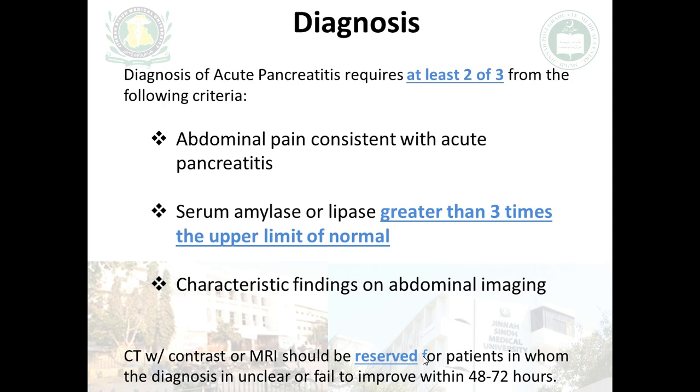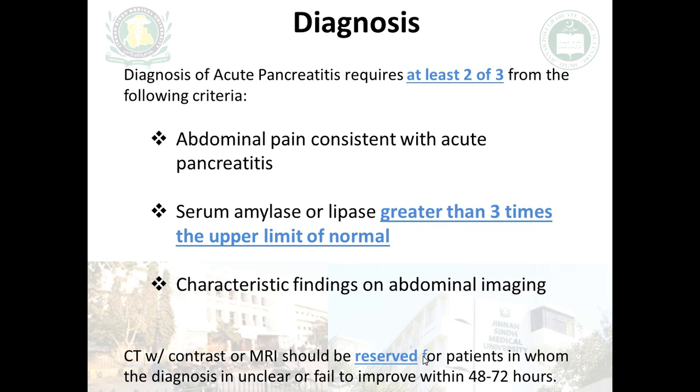So how do we diagnose the patient? There are 3 criteria, and 2 out of the 3 are needed for confirmation of the diagnosis. First, typical abdominal pain that we have discussed: an epigastric pain which radiates towards the back and which improves on leaning forward. Second, in the investigations, serum amylase or serum lipase greater than 3 times the upper limit of normal. Third, characteristic findings on abdominal imaging.